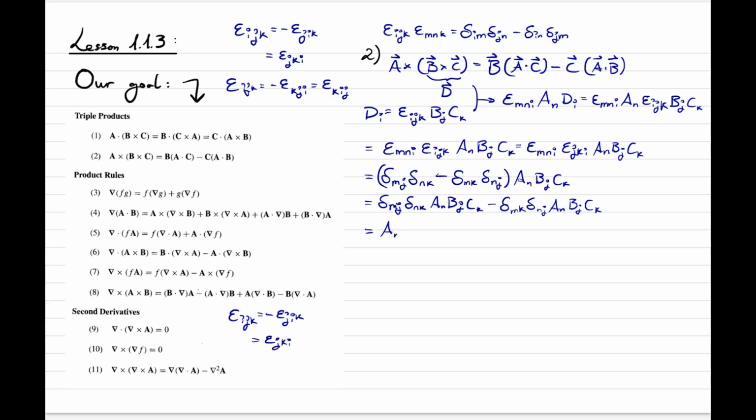So we'll have an bm cn minus, and now these Kronecker deltas: the k substitutes in the m, and for the j it substitutes in the n. So we'll have an bn and cm.